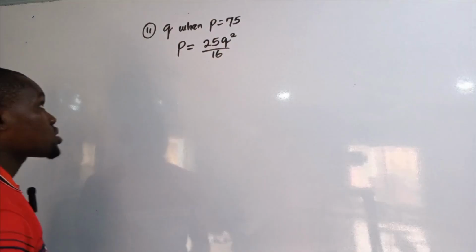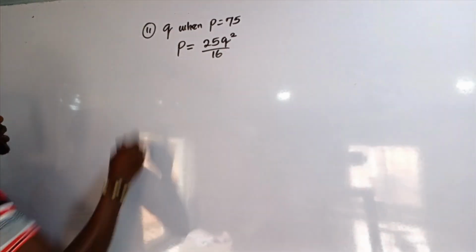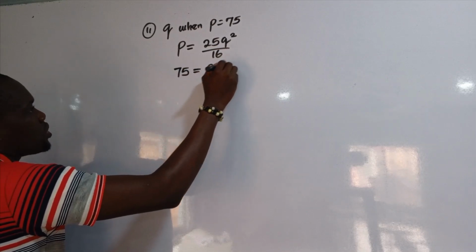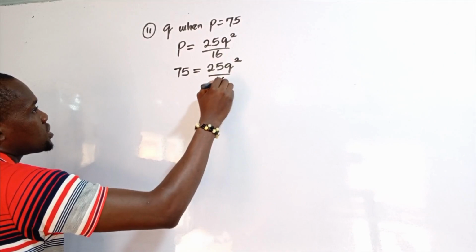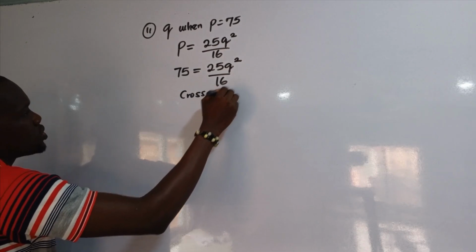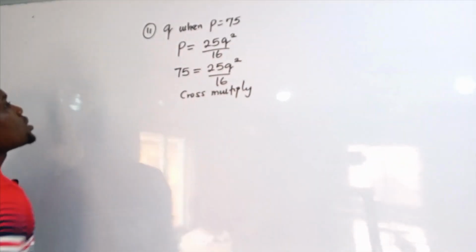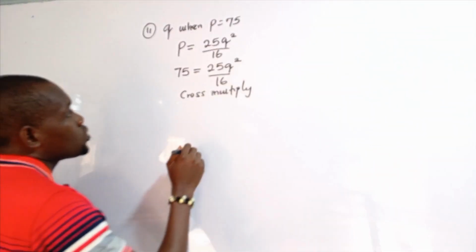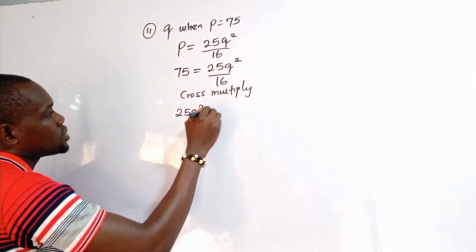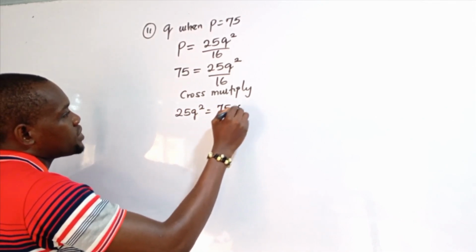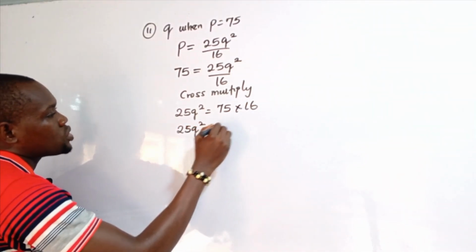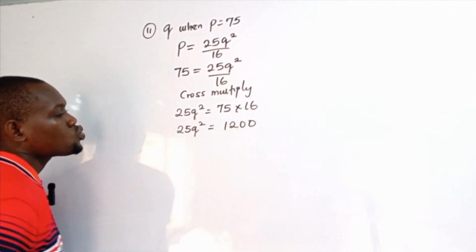So when we now substitute the value 75 for P, we should be able to have 75 is equal to 25 Q squared over 16. So the next thing we'll do is for us to cross multiply. So when we cross multiply, we are going to have it as 25 Q squared is equal to 75 times 16. So our 25 Q squared should give us 1200.